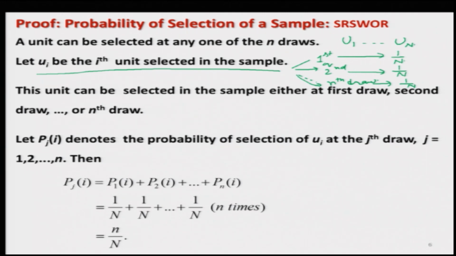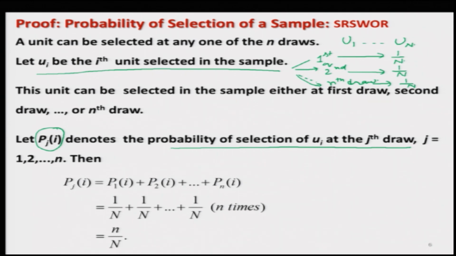Now, based on that, I have to compute the probability of selecting Ui at any given draw, say jth. Let us denote this quantity by P_j(i), with j in the subscript and i in the parenthesis. This probability indicates the probability of selection of the ith unit at the jth draw. Now, we have seen that the ith unit can be selected at the jth draw where j is equal to 1 up to n.